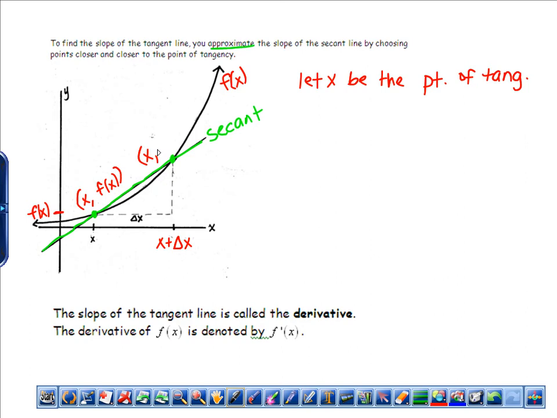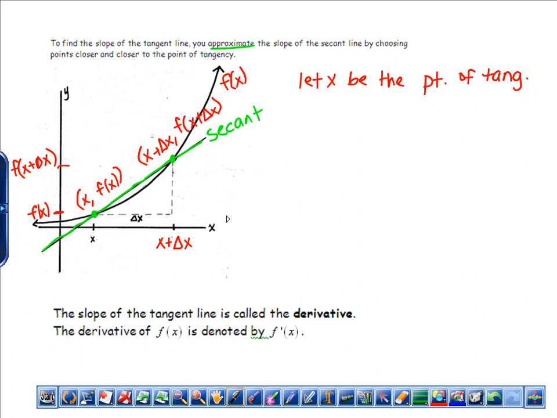So the x value at this point is x plus delta x, comma, and then what would the y value right there be? Well, it would be f of whatever the x value is. So in this case, the y value is f of x plus delta x.